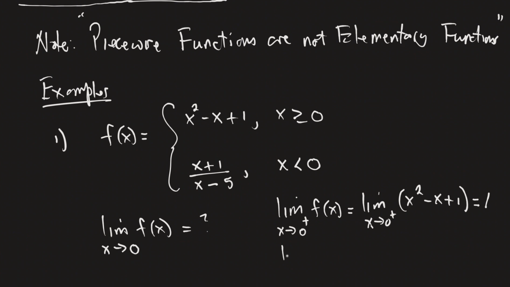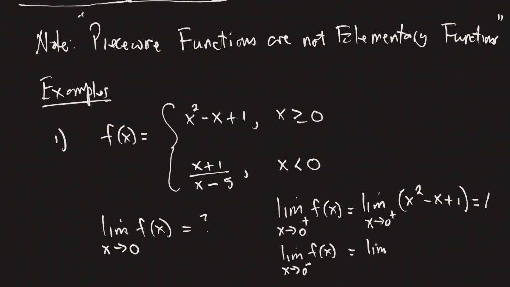Well, what does it look like from the left? Again, because it's now a different function, we have to do another limit evaluation. So it's almost like we have to evaluate the two pieces that are used when x is getting closer and closer to 0, and then see if they're the same.